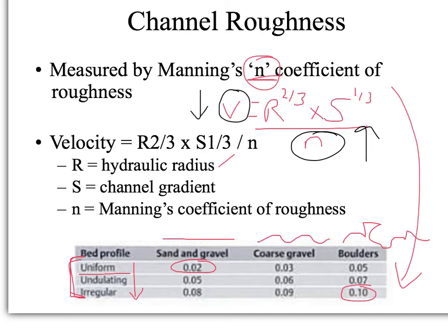And so therefore we can logically say that the rougher the channel, the lower the velocity, as more energy is lost to friction between the bed and the banks.